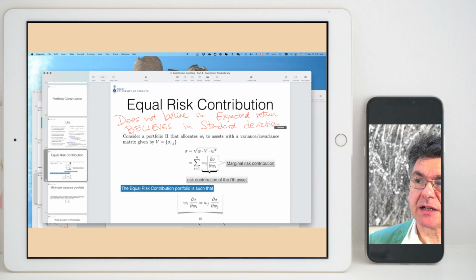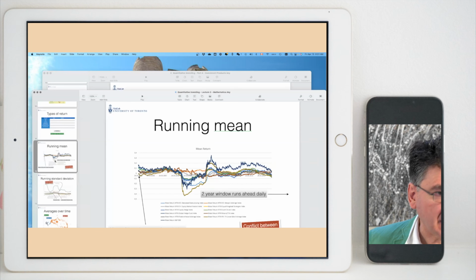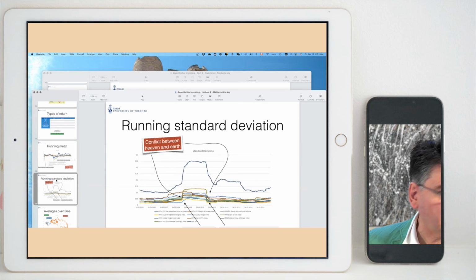It believes in standard deviation. Okay. So if I go to my previous analysis here, they would say, I don't believe in this. I don't believe in this. But I believe in this.